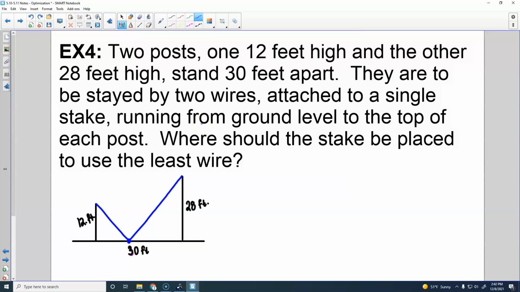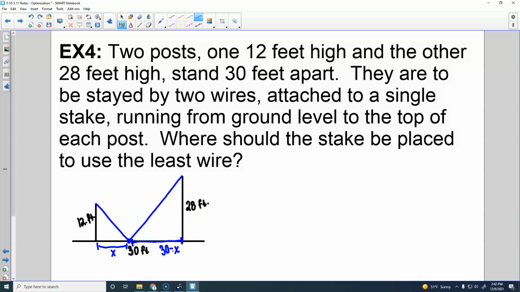It's fine. I just want to have enough room so I'm working up here. All right, so I don't know where this is at. I'm going to call this length right here x. So without even using a different variable, what could I call this length right here? 30 minus x.